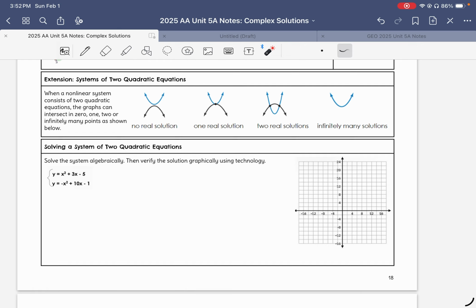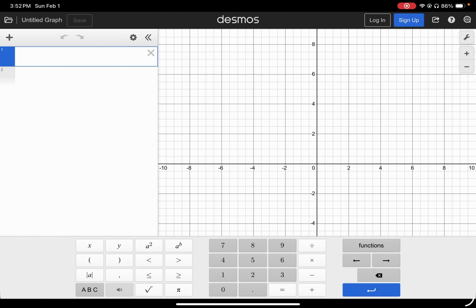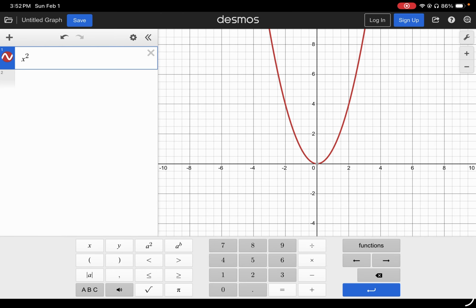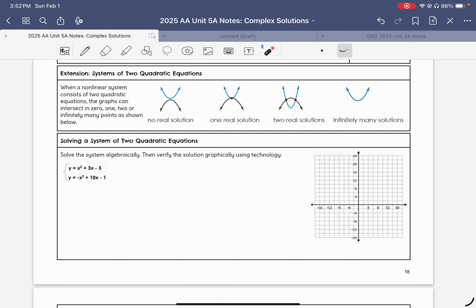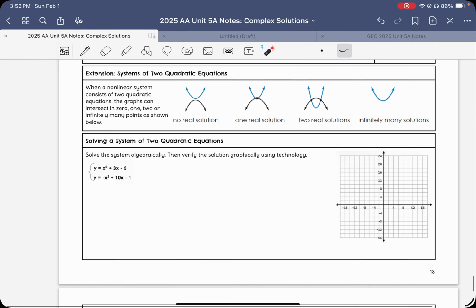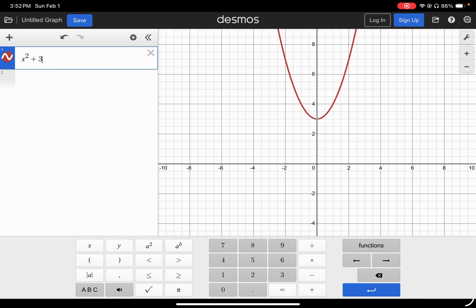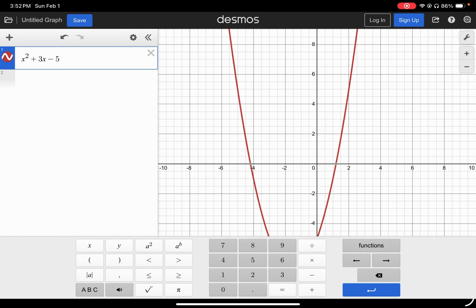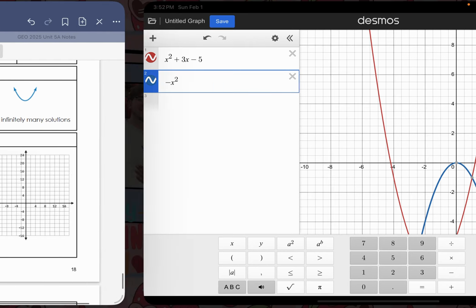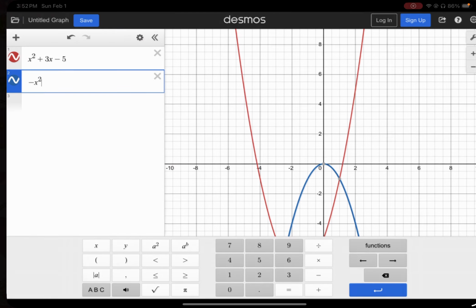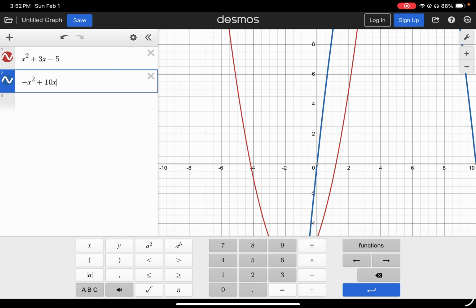So I'm going to pop over to Desmos real quick, and forgive me for switching back and forth if you're not used to that from me. We have x squared plus 3x minus 5. And then my other equation I know was negative x squared plus 10x minus 1.